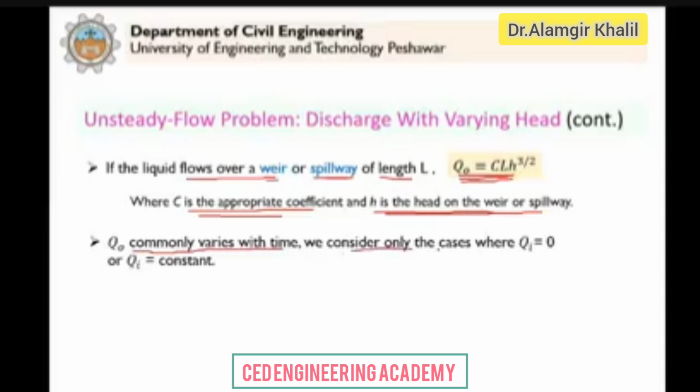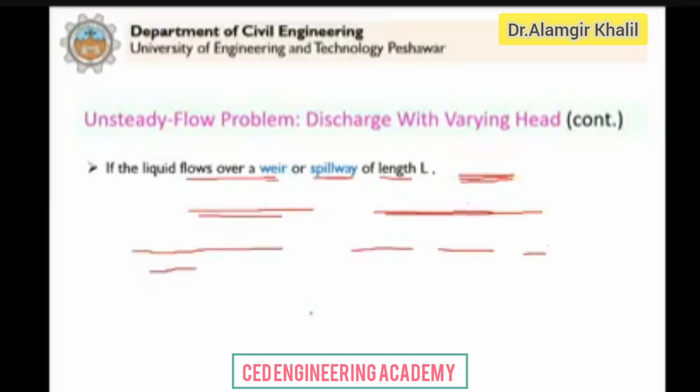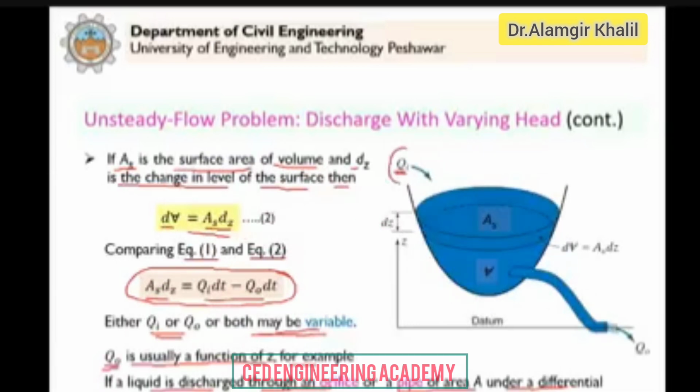We consider only the cases where Qi, the inflow discharge, is 0 or constant. Here, this Qi, we will consider either equal to 0, meaning there is no inflow, or it is constant, meaning any constant discharge is coming to the tank, whatever the value. Any constant value, 10 cubic meters per second, 1 cubic meter per second, whatever the value.